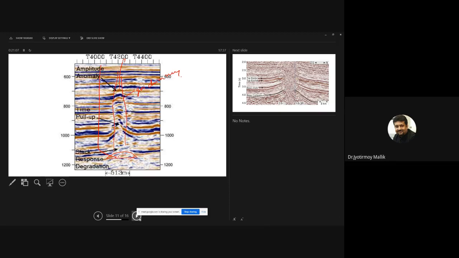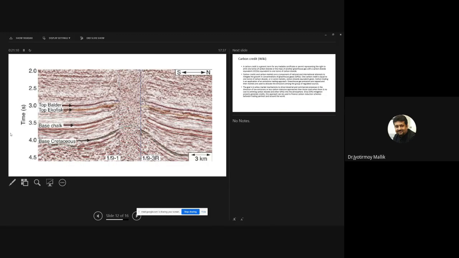So here is another picture of a gas chimney. You can see here how the gas has escaped, and this has completely disturbed the character of the seismic. You can see this beautiful anticline which could form a trap, where oil and gas could have been, or when the oil and gas was not there, we could have pushed carbon dioxide into.